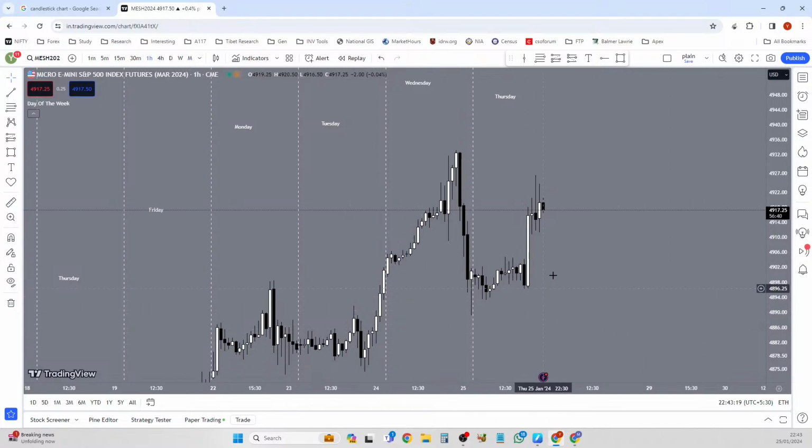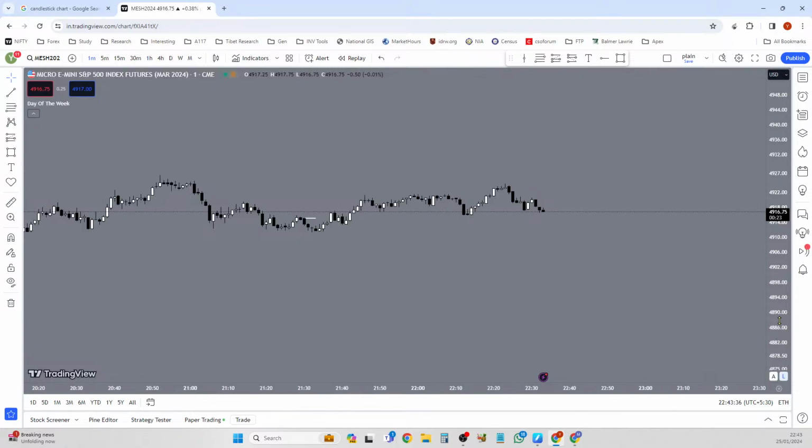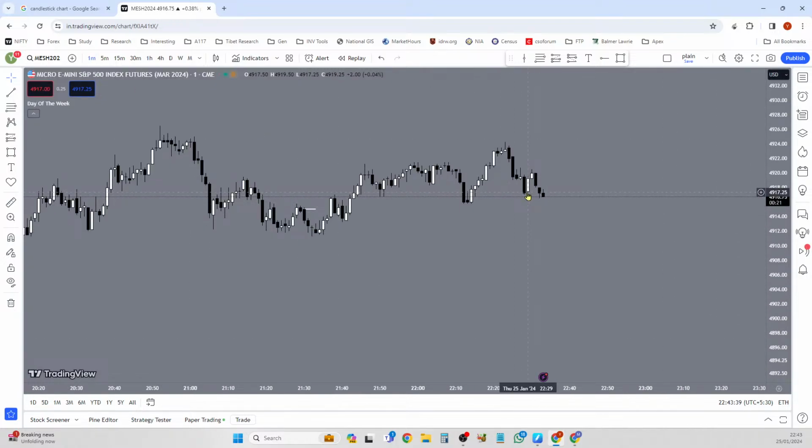So the story that you can read over here, right now, the current candle on the hourly chart is showing the price going lower. But at some point in 1 minute chart, you will see that there is a part wherein it has gone higher as well during the same period.